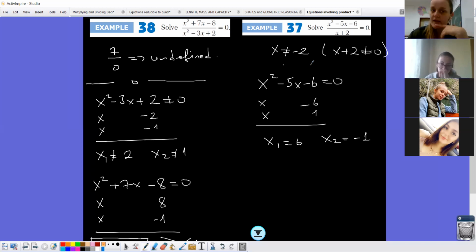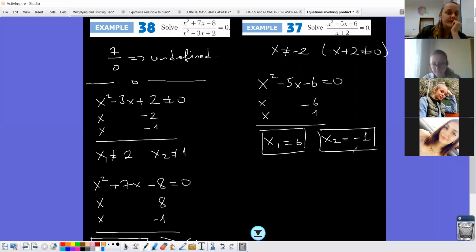We don't have anything about -2, so both of them are our solution. So when we have quotients, when we have division of two different expressions, we need to check the denominator first to see the values that cannot be. Then we are solving the other part.